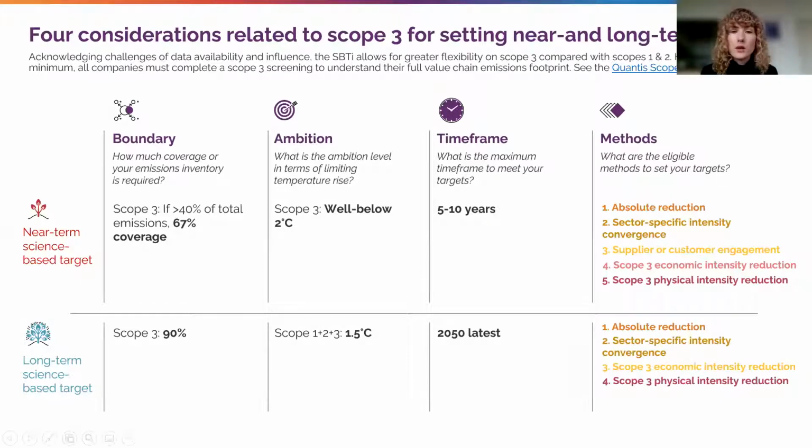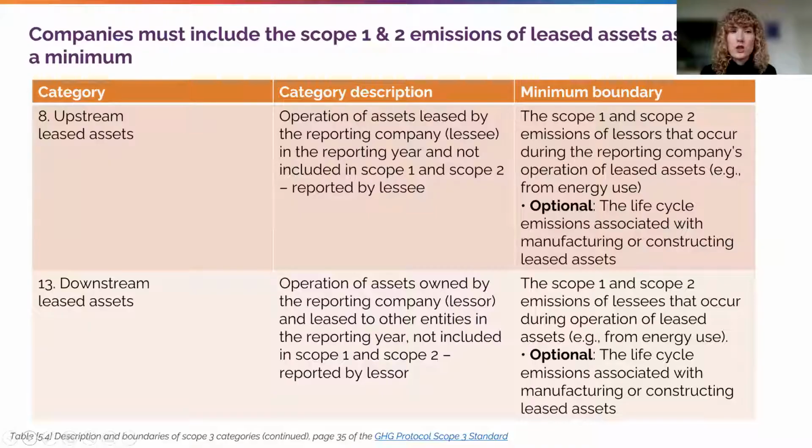So now I'm going to go on to the next slide and actually turn to these specific Scope 3 categories, and Steve has already briefly described what is included within leased assets, both upstream and downstream, but I'm going to run through them again here.